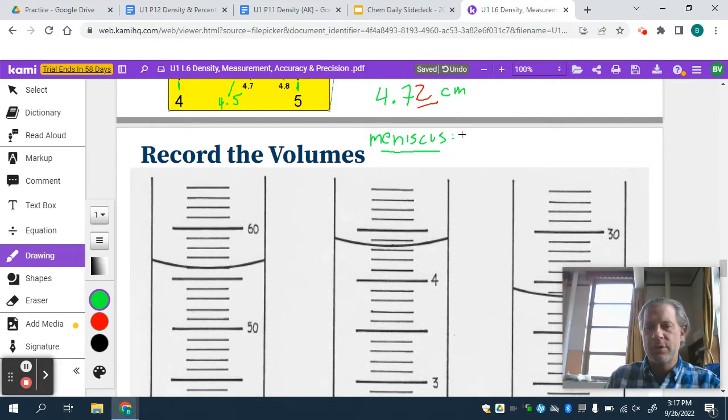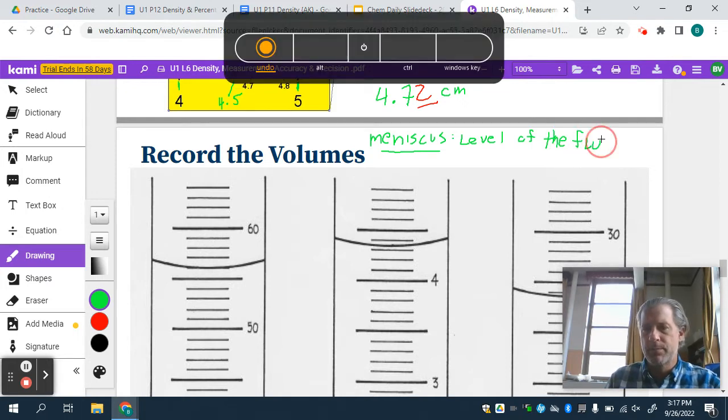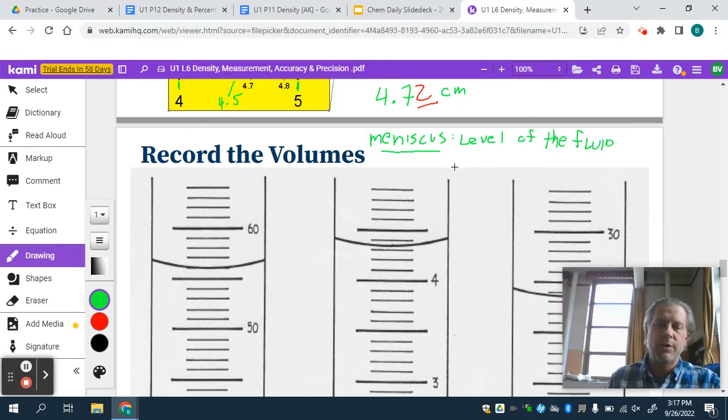So it's essentially the level of the fluid in the container, in this case the graduated cylinder, that has a dip in it.